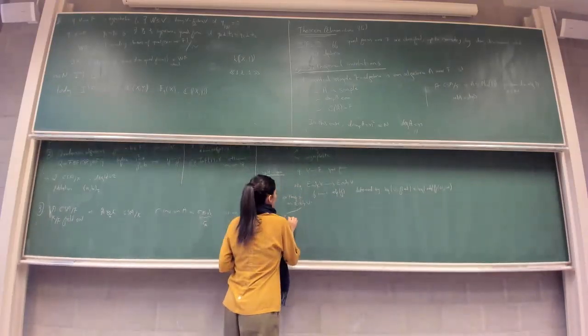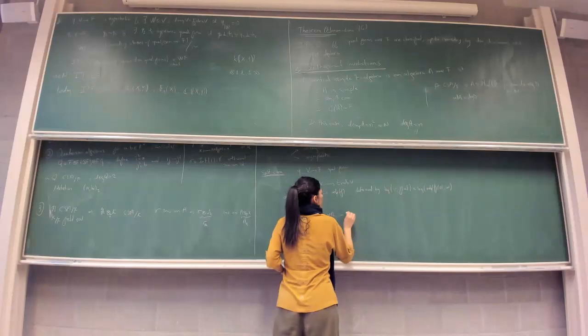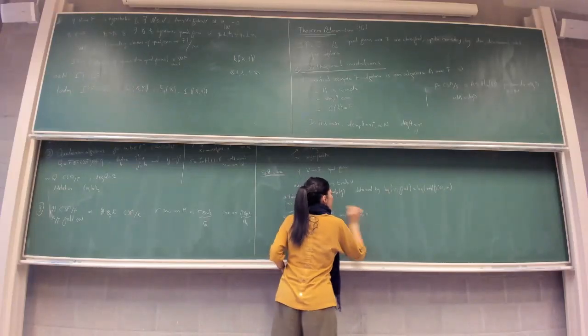So from a quadratic form, we obtain an orthogonal involution on the split algebra, the endomorphism ring.